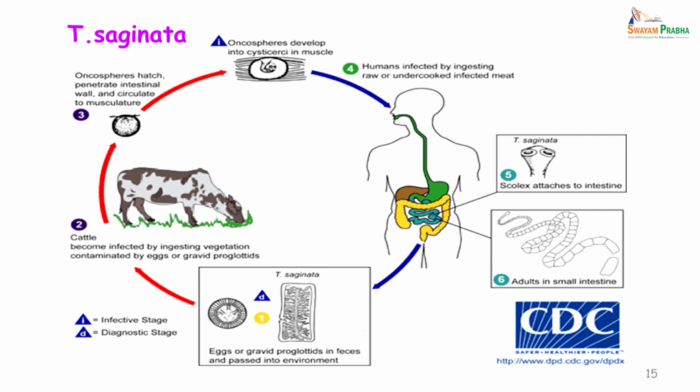When this fecal material mixes with grass and cattle are grazing in that area, they will ingest either the proglottids or the eggs, which will then release the oncospheres. These oncospheres will penetrate the intestinal wall and circulate and reach the musculature of the animal, where they can last for a long time.